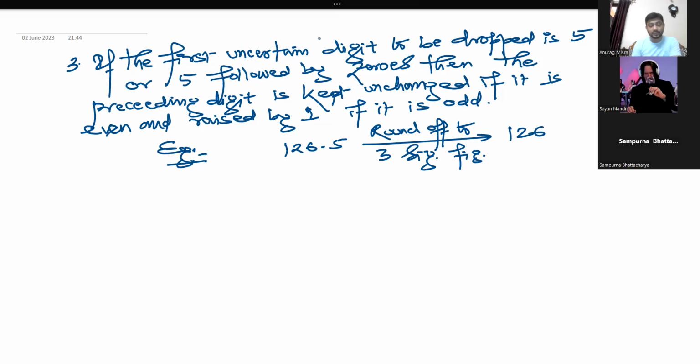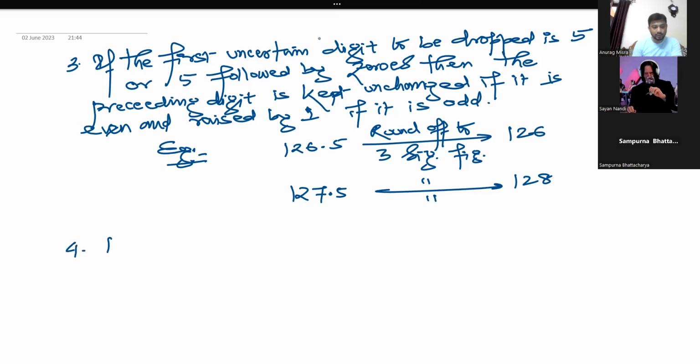Because the digit to be dropped is 5, उसके पीछे और कुछ नहीं है. तो उससे पहले वाला number 6 है जो कि even है, तो even नहीं change. On the other hand, if the number was 127.5 and the same question was given, मेरा आंसर हो जाता 128 because 7 is an odd number, so we have to increase it by 1.